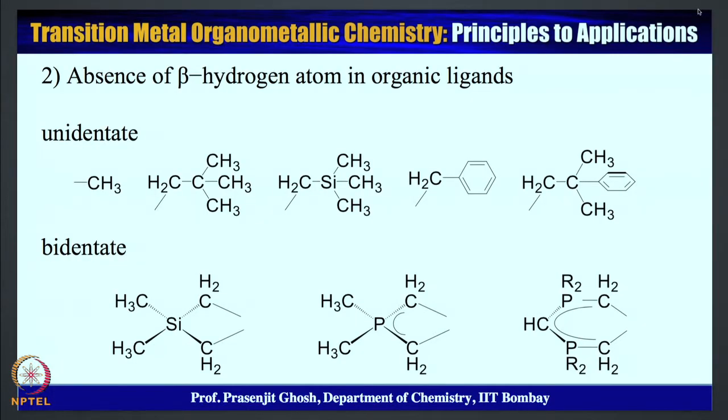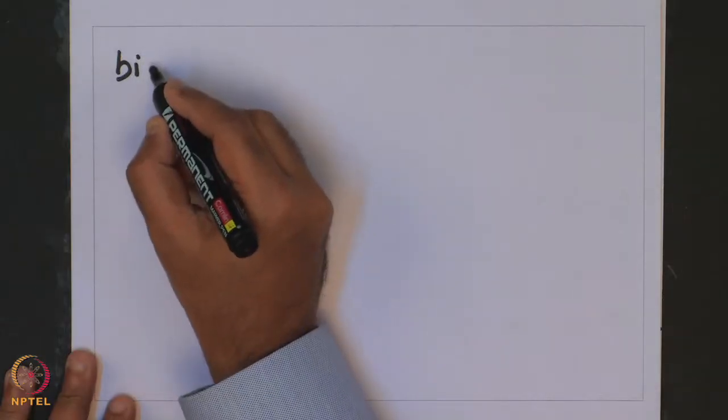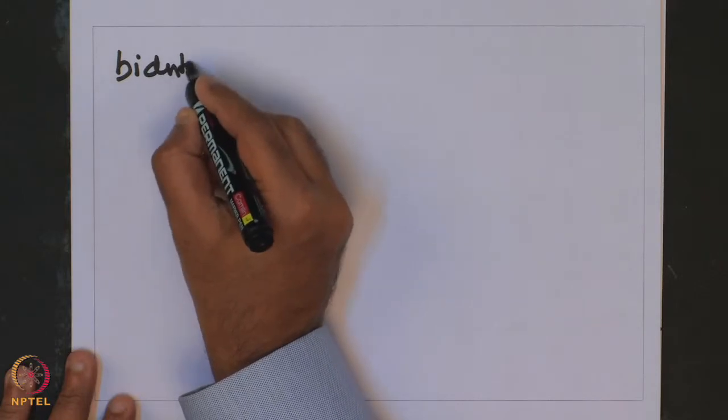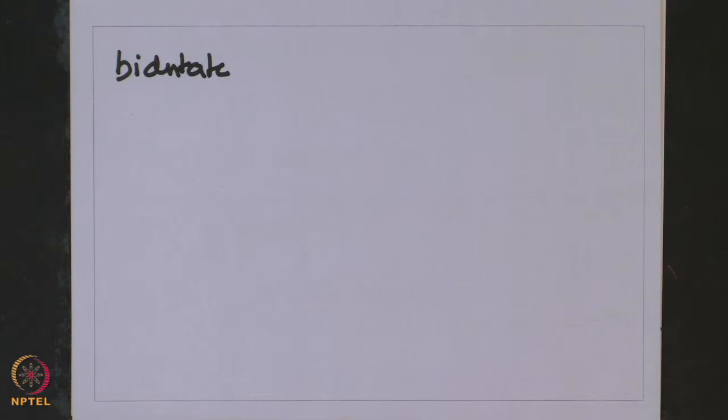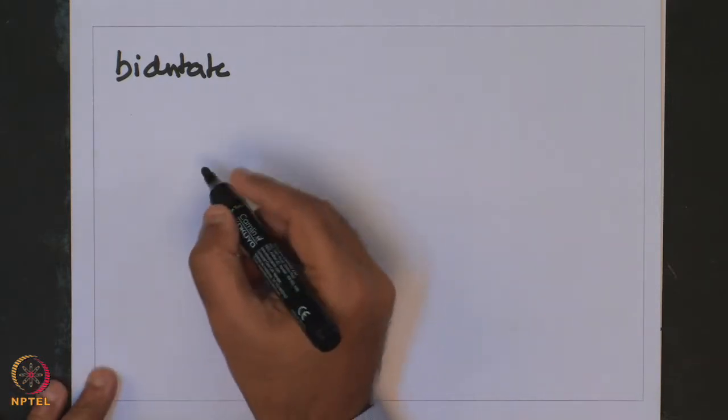There are some bidentate chelating ligands as well. These ligands, being chelating in nature, impart extra stability because of chelation, apart from imparting stability with respect to not having beta hydrogens. So, these bidentate ligands include the following.